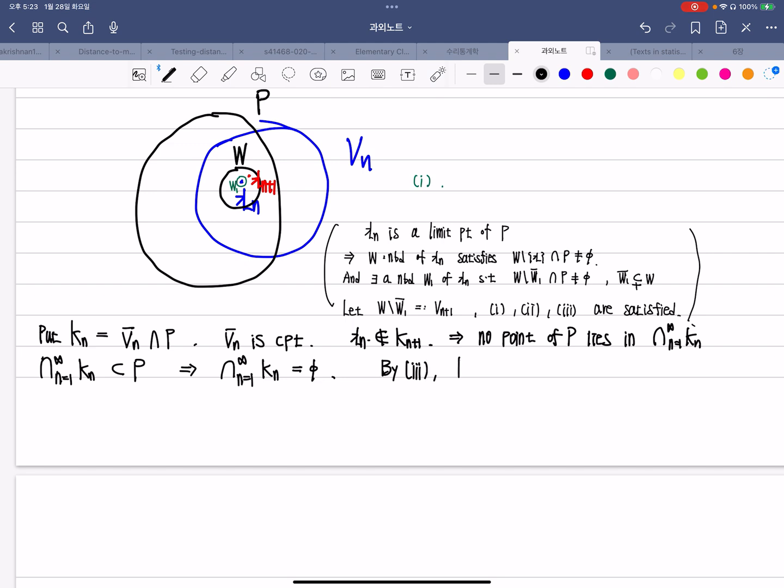By 3, Kn is non-empty, and Kn is decreasing by 1.